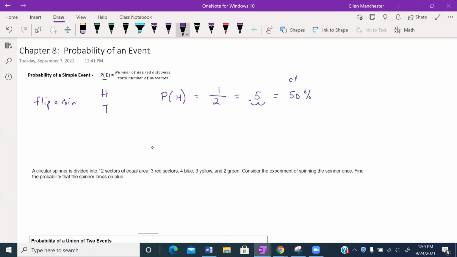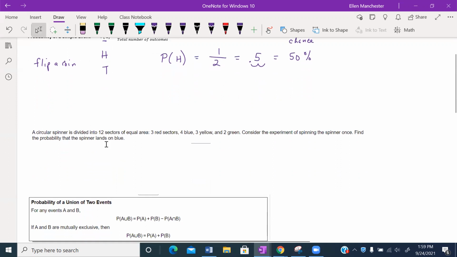So this is the chance. I have a 50% chance of getting heads when I flip the coin once. My probability of getting heads is 0.5 or 1/2. So all of these mean the same thing. It's just how you're saying it in the sentence, okay? All right, so that's the probability of a simple event.